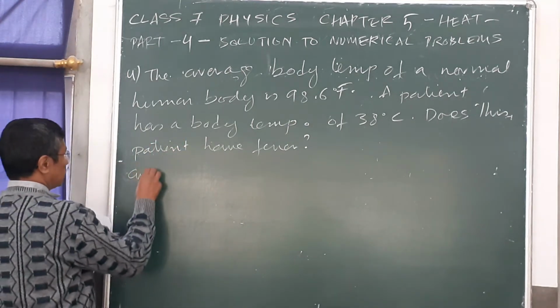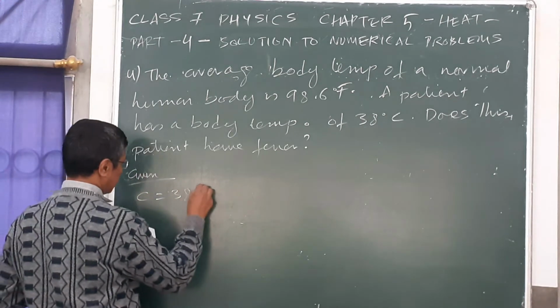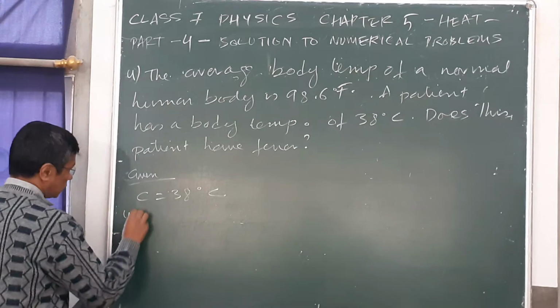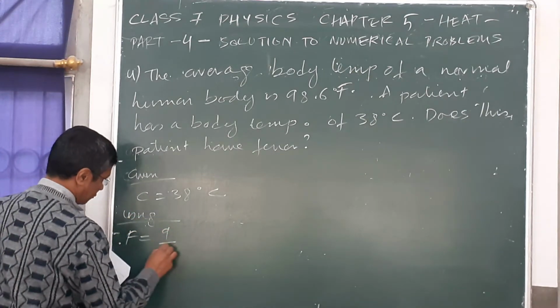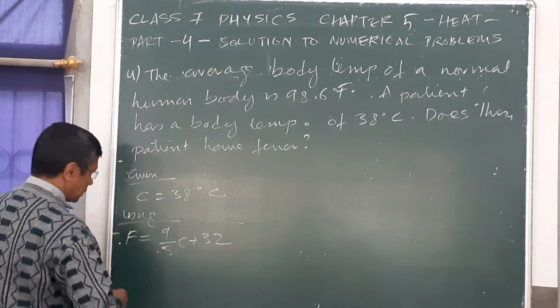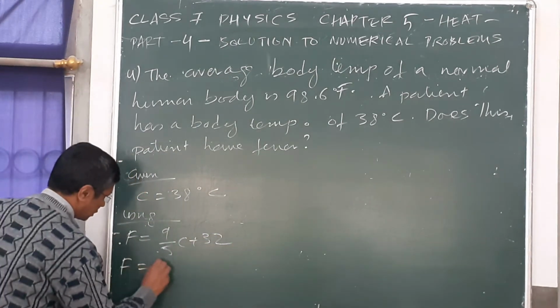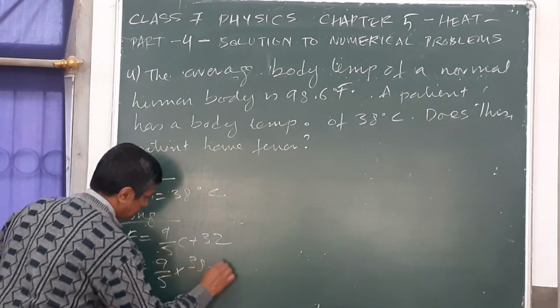So, here the temperature in Celsius scale is given as 38 degrees centigrade. We will use the formula F is equal to 9 by 5 C plus 32 to convert this temperature into the Fahrenheit scale. So, this will be 9 by 5 into 38 plus 32.